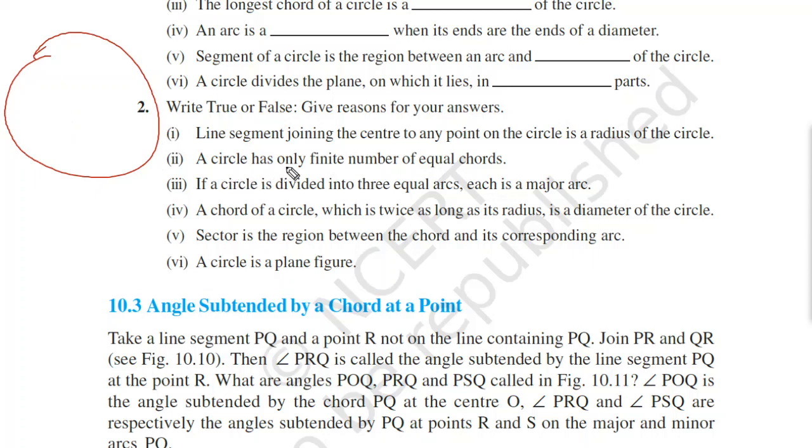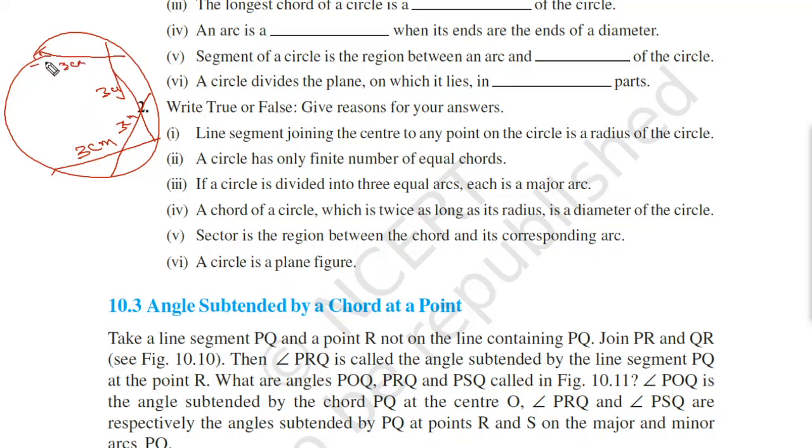It is saying a circle has only a finite number of equal chords. We'll draw a chord. Suppose this chord is of, say, 3 centimeter. Now we will draw another chord which is 3 centimeter, another chord of 3 centimeter. How many 3 centimeter chords can we draw?